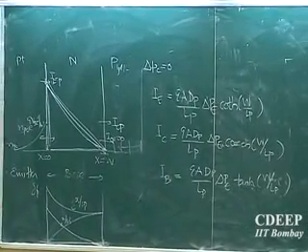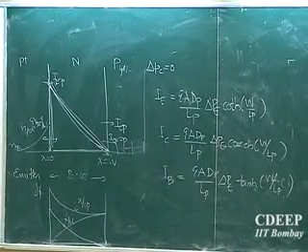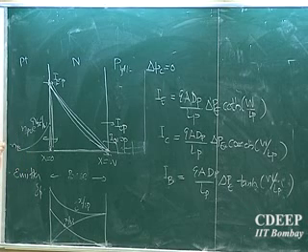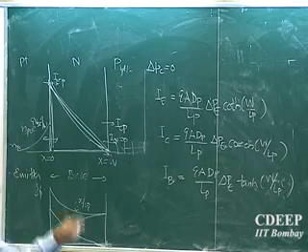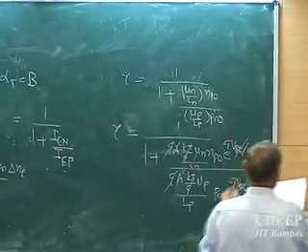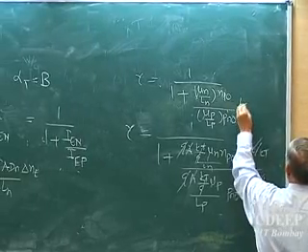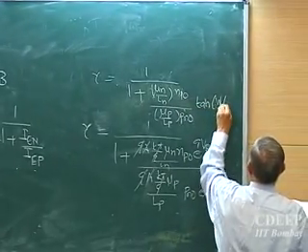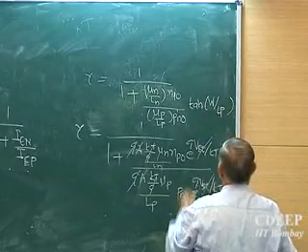But the emitter is long enough. So at x equal to infinity, concentration will go to NPO. So therefore that coth term will not appear here. And because I keep seeing tanh term coming here, I was a little surprised.